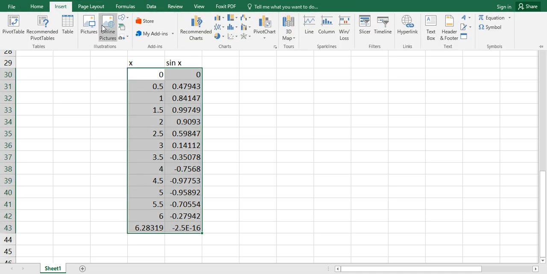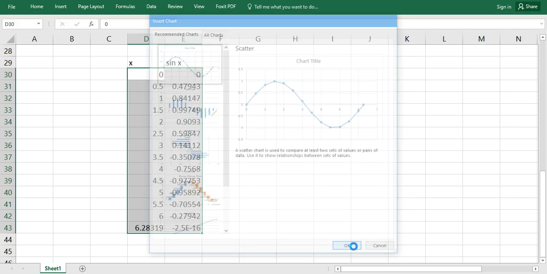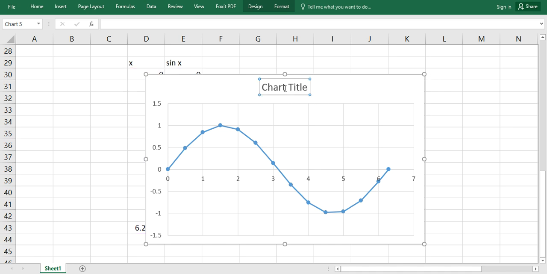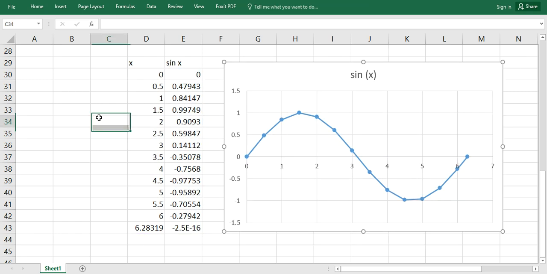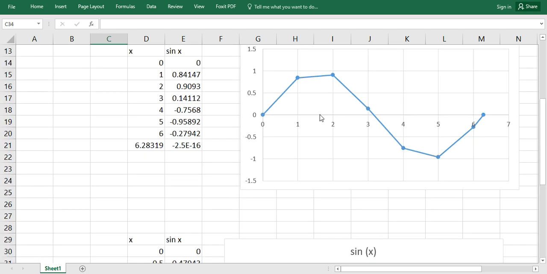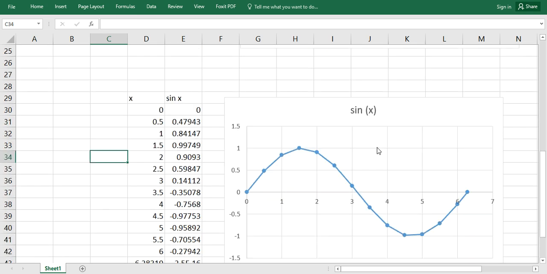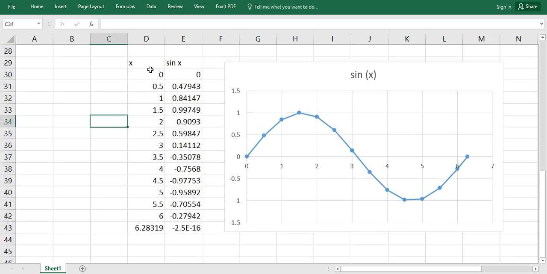Again go to Insert and then Recommended Charts. This is the approximate sine x on 0 to 2 pi. See the difference between this graph and this graph. This one was not a close approximation, but this is much closer to the original graph. You can take even better approximations.